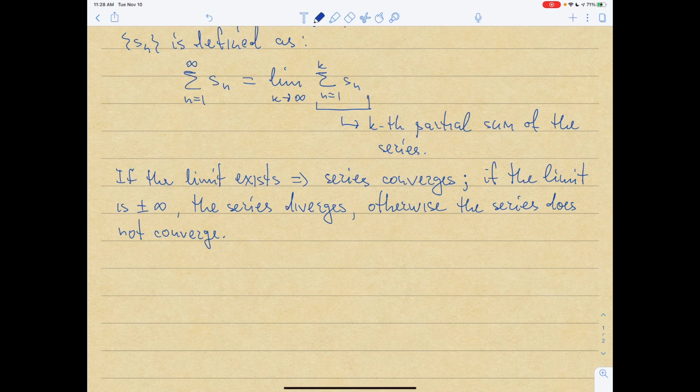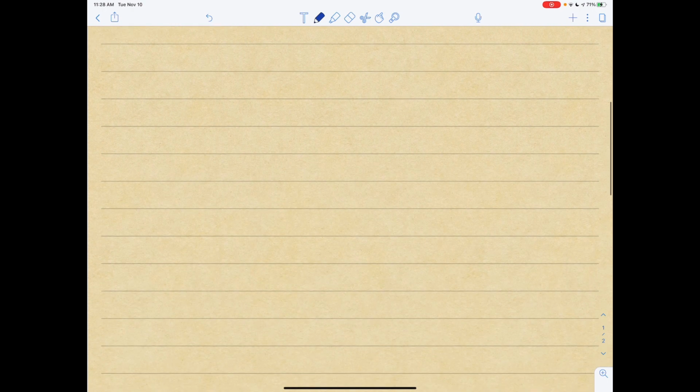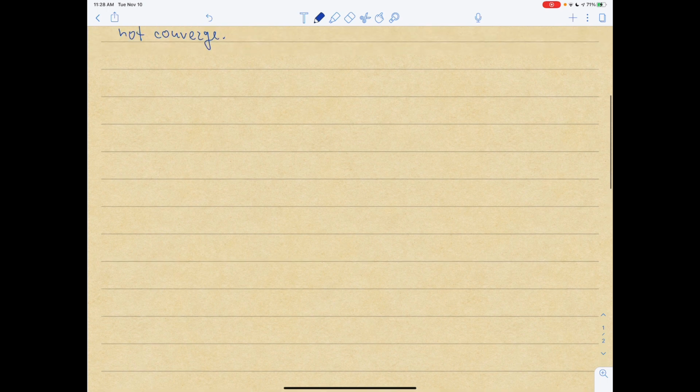Okay, and let's do a couple of examples. Let's say example number 1. Let me formulate this example geometrically. Let's say we have an interval from 0 to 1. I'm going to put 1/2 here.